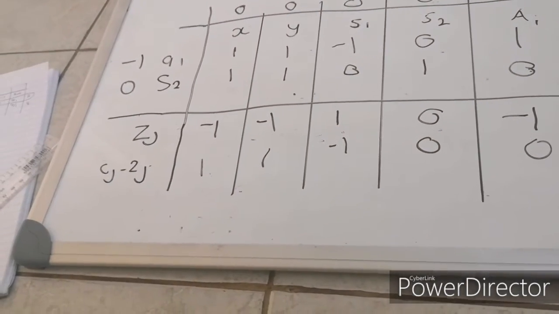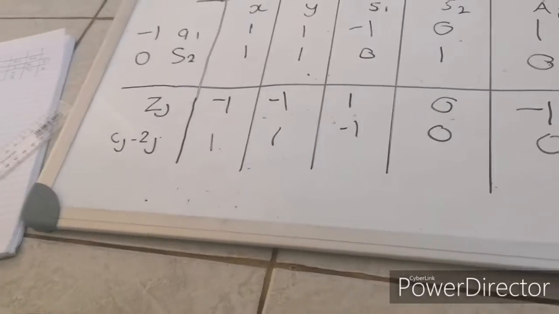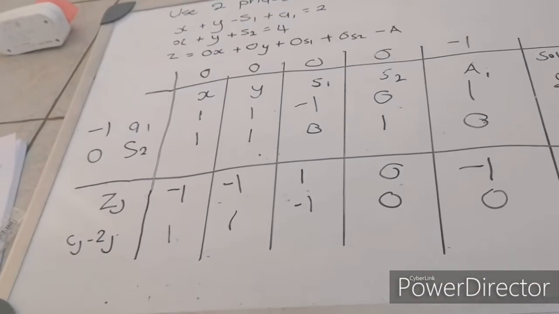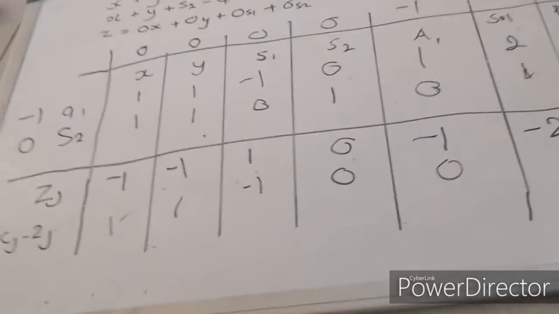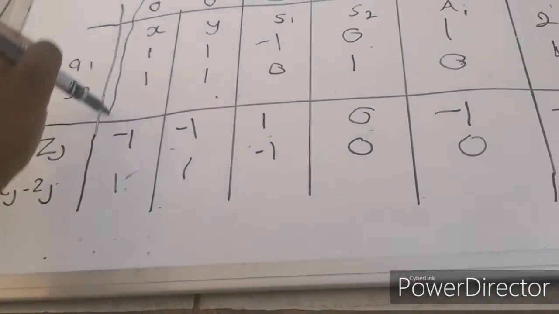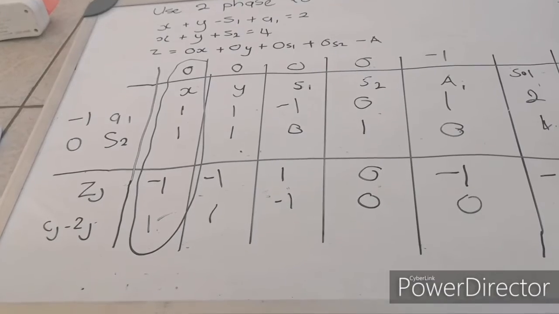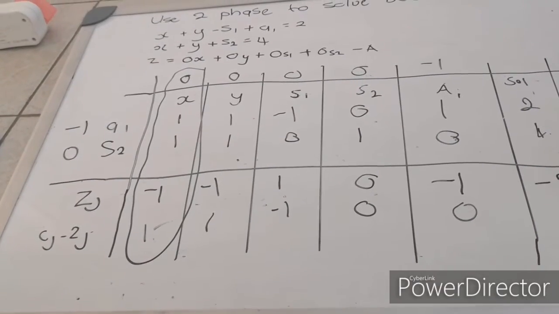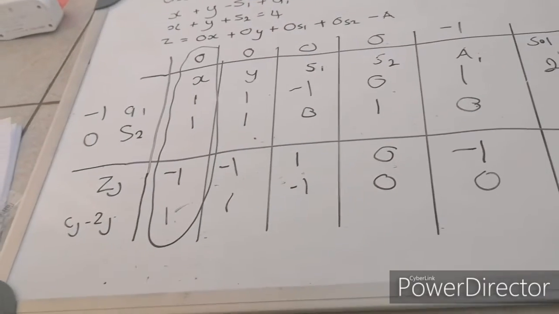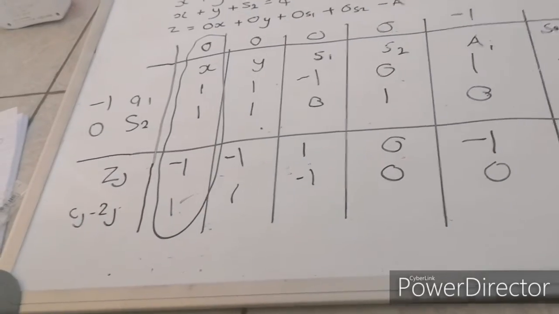So now, since we're looking for the minimum or the max value, rather, since this is a minimization, we're looking at the maximum value, which is that, right? So we would highlight that column right there. That column would be our pivot column, and then using the pivot column, we would establish the ratio by dividing the solution by the pivot column.